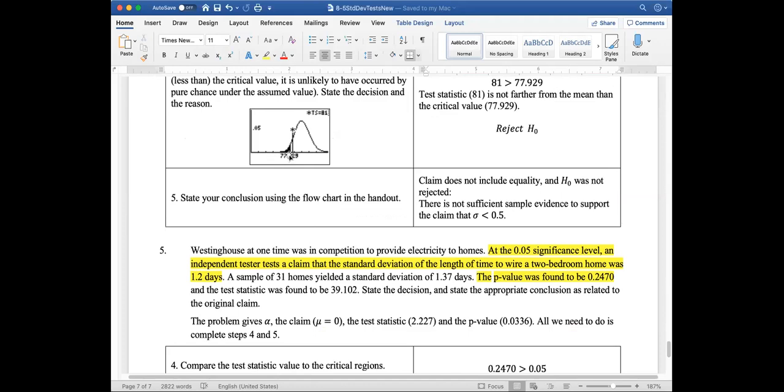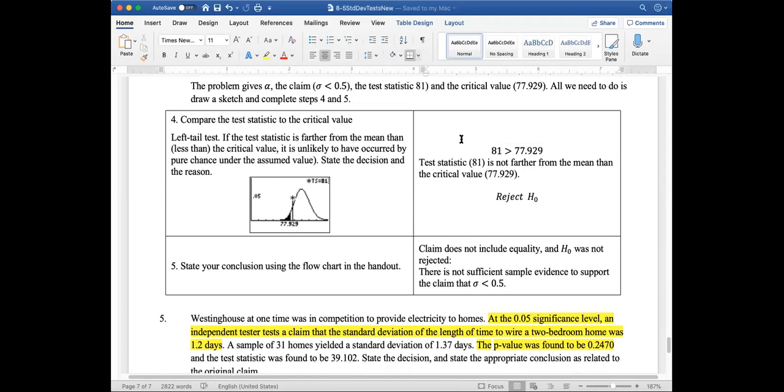So it is not in the critical or rejection region. It is bigger than 77.929 on the right, so the test statistic value is not unlikely. The test statistic is not farther from the mean than the critical value. We should have failed to reject H0.